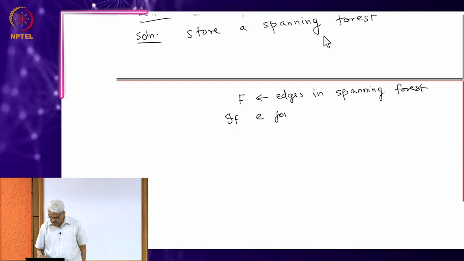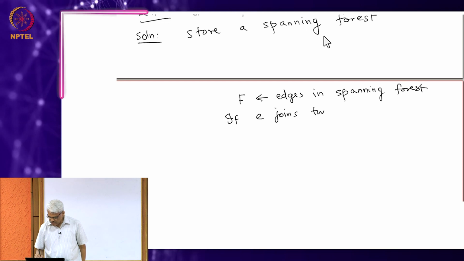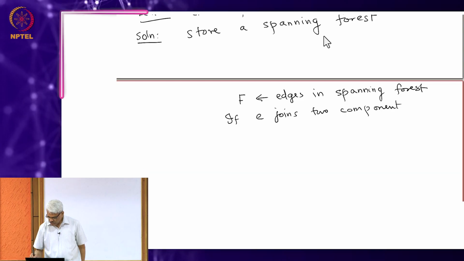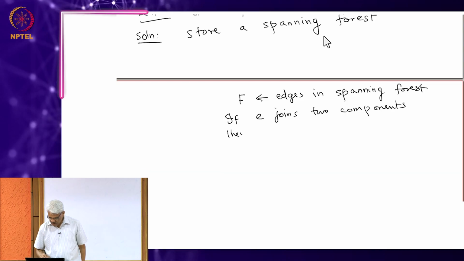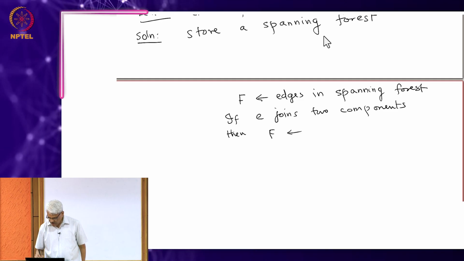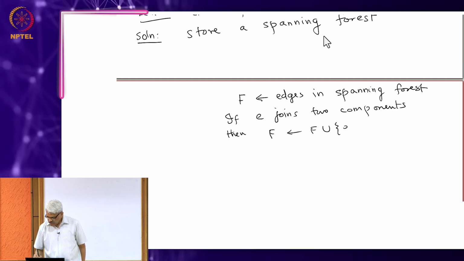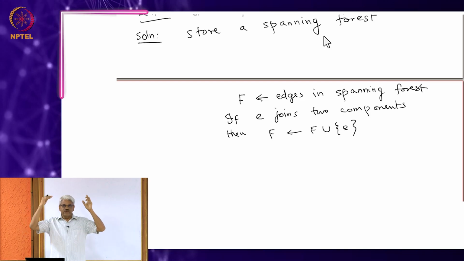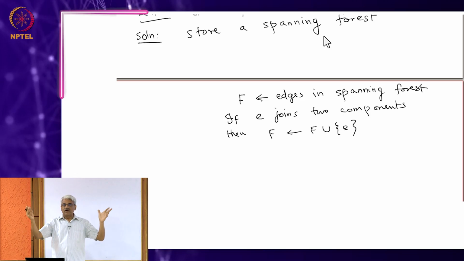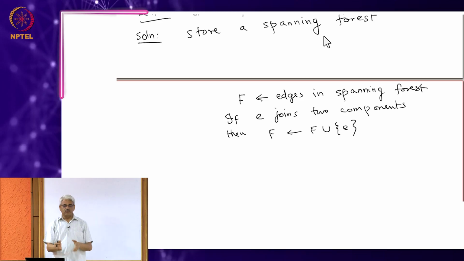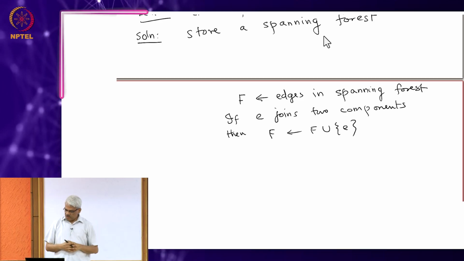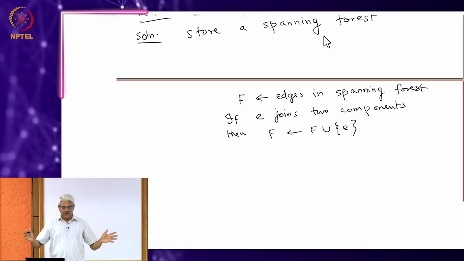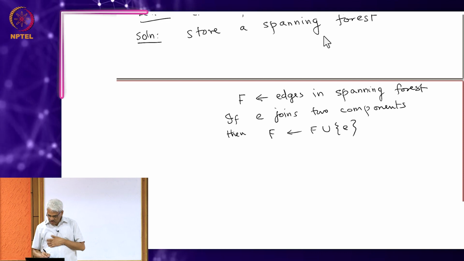if E joins two components, then F is F union E, because no problem, it is connecting two components, so it's not going to even form a cycle. Forget about even forming an odd cycle. So I will add it to my collection, and so now I have again a spanning forest of the original graph.